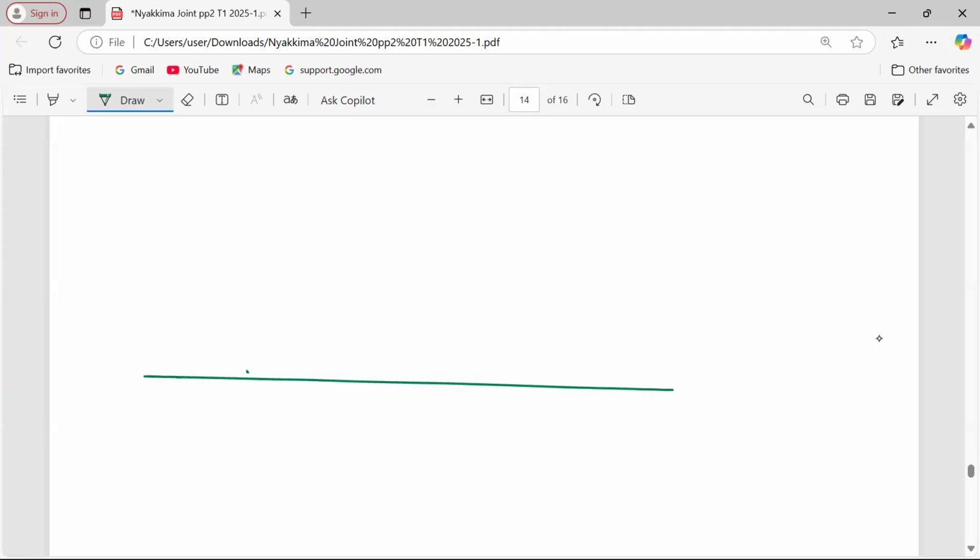If I name this one my P, then I'm supposed to measure 10 centimeters for me to arrive at Q. Then it is at Q where we're supposed to construct the 82.5.